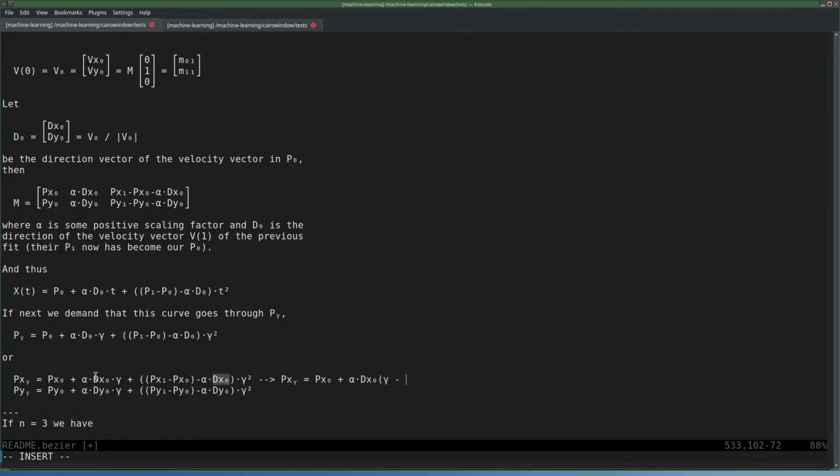It is alpha dx0 times gamma minus alpha times dx0 gamma squared.